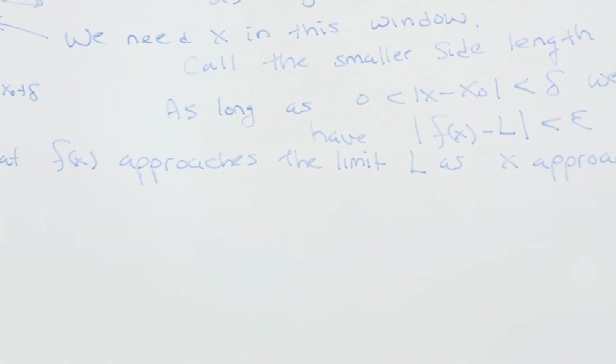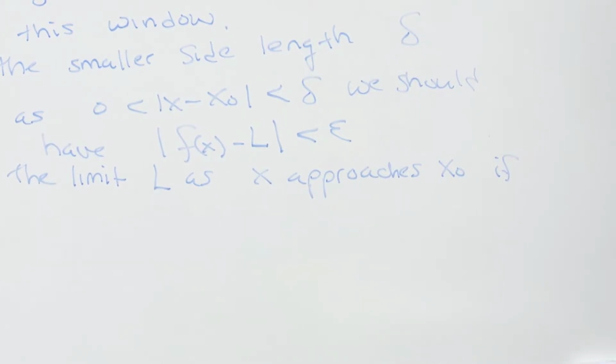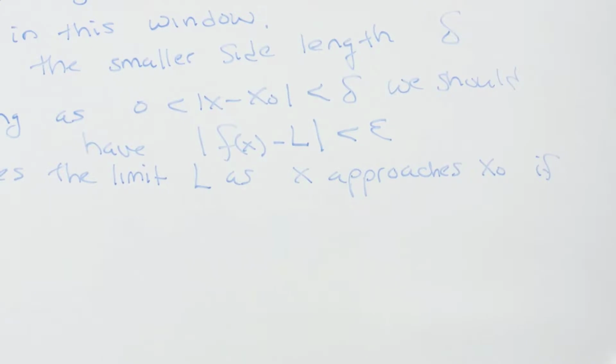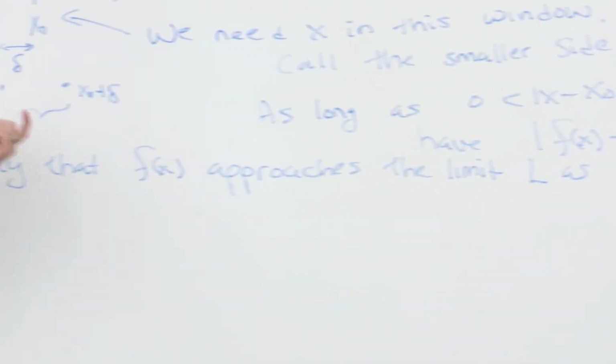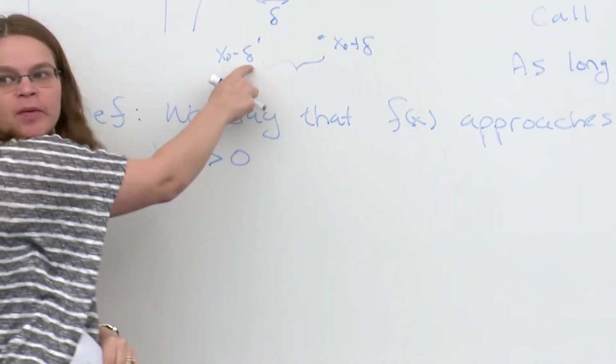If you give me any tolerance you like, epsilon was the tolerance, I don't care how small it is. So I'm going to say for all epsilon greater than 0, no matter how small it is, I should be able to find this window here, right? So this window is really determined by this value delta.